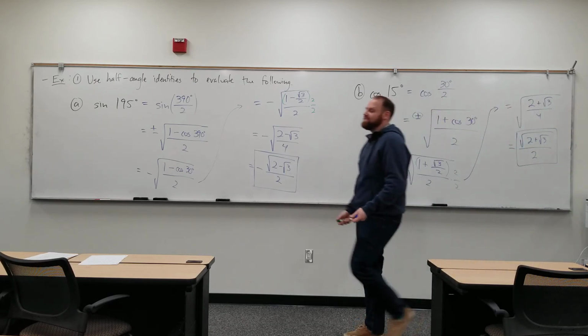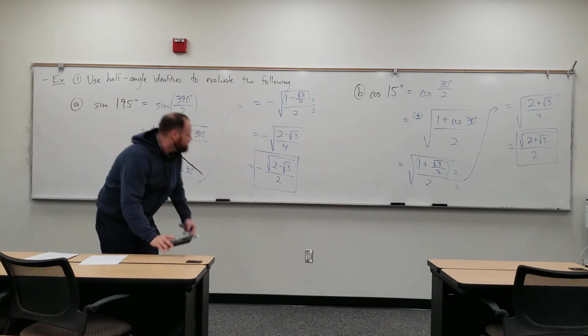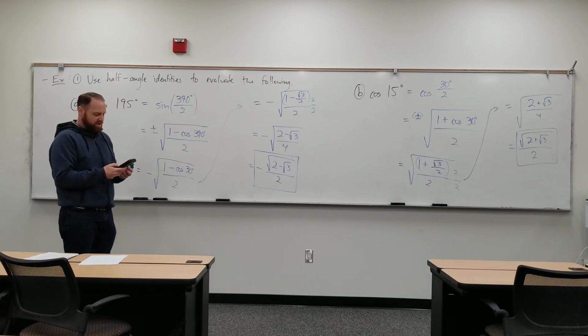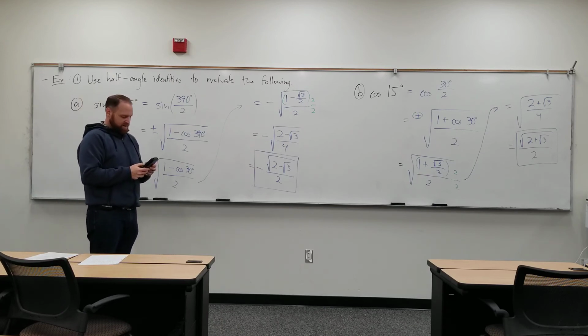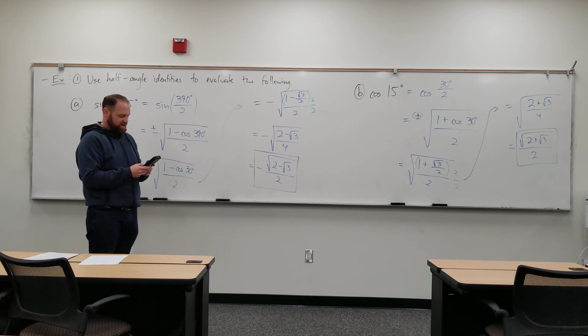I just suddenly became curious how my calculator expresses the answer. So I'm going to take a look at sine 195 degrees. Let me see. Mode. I was in radian mode. I need to go to degrees. But let's see now. Sine 195.